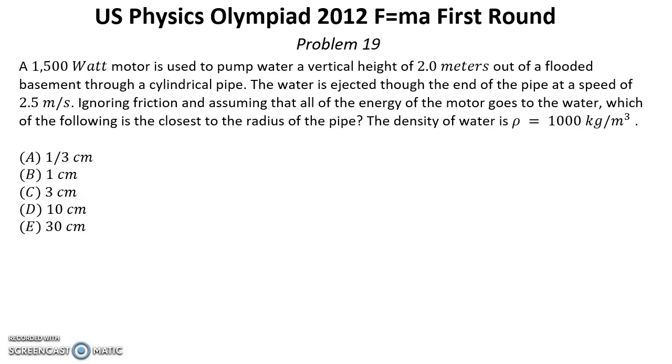Ignore friction and assume that all of the energy of the motor goes to the water. Which of the following is closest to the radius of the pipe? The density of water is ρ equals 1000 kilograms per cubic meter.